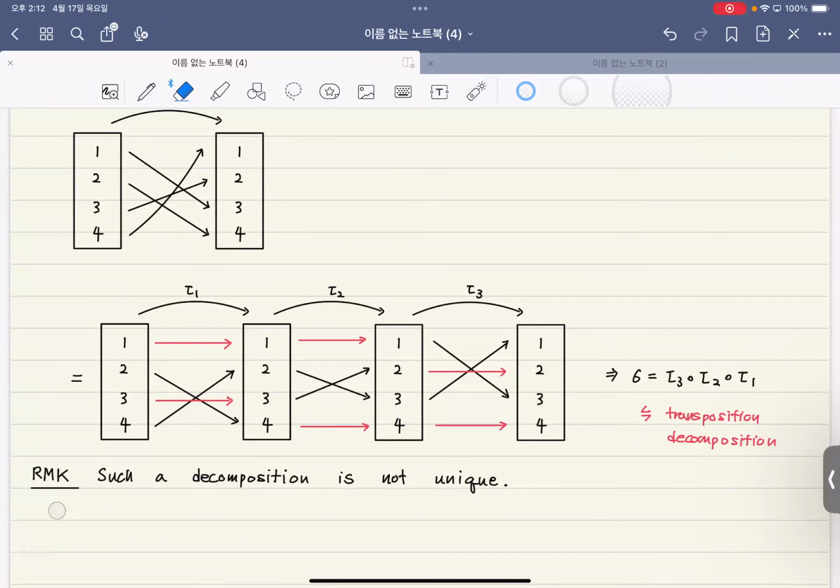For instance, here I have decomposed the permutation sigma as the composition of tau 3, tau 2, and tau 1. But at the same time, I can show you a different transposition decomposition of the same sigma. I know this sounds very silly.